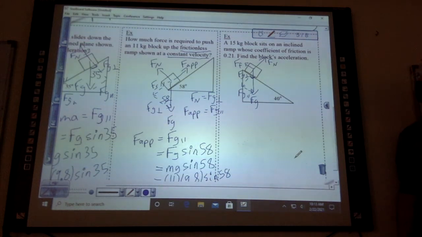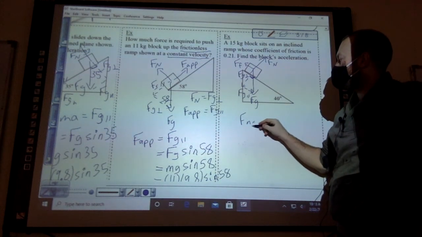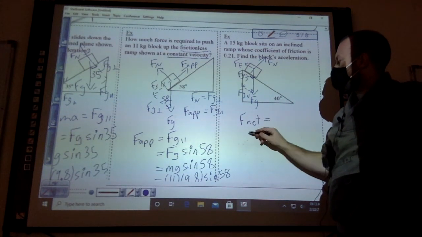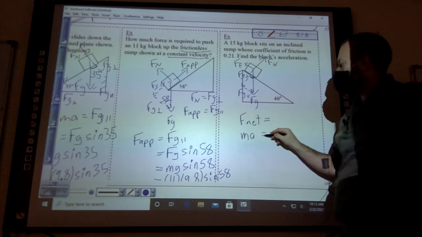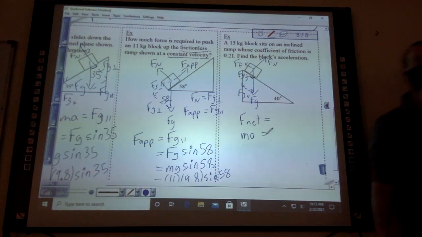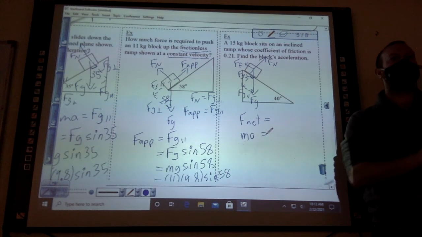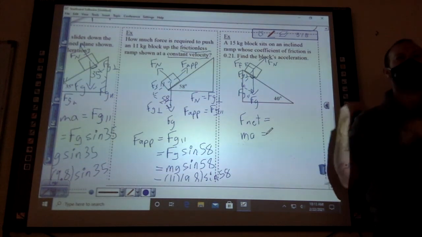Like we solved all the other ones. We want the block's acceleration, so any guesses what equation we're going to use? Yeah. So we've got F net, this is going to equal ma. But what is the sum of all the forces in this case? What's the winning force? What's the force that's causing the object to move?